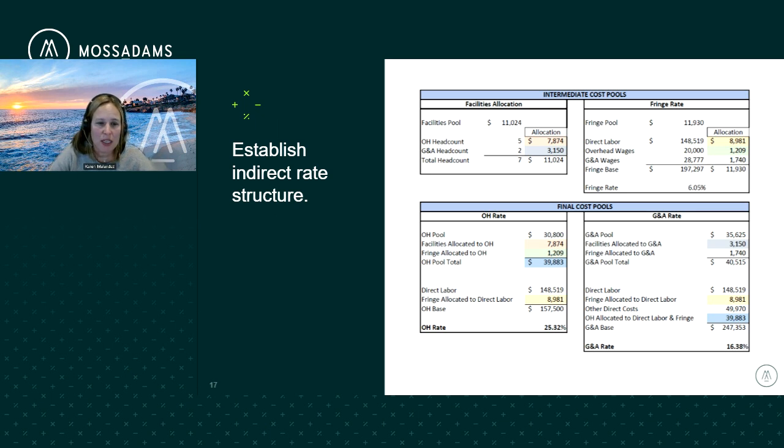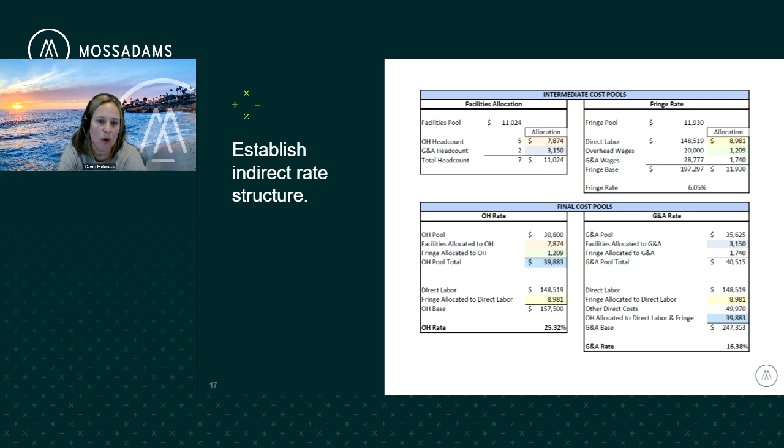This is basically going to show the allocation process, how the costs are allocated from the intermediate pools to the final pools, and then the final pools are what's going to assign all those indirect costs ultimately to a final cost objective. Like I said, for indirect cost pools, you want to gather costs that have similar logical groupings. So we'll just walk through this slide.